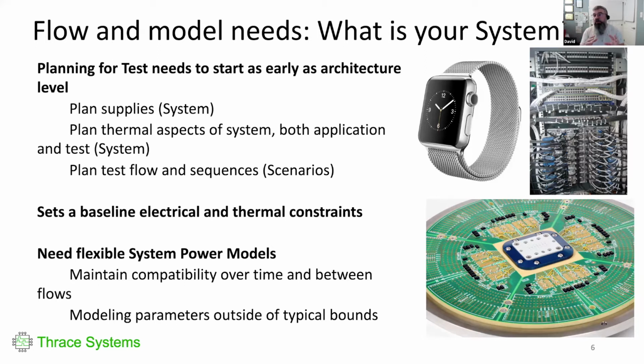This is important to start very early on, because at that point we are already setting up the baseline constraints for electrical and for thermal. Once these are set, it becomes very difficult to change later on.